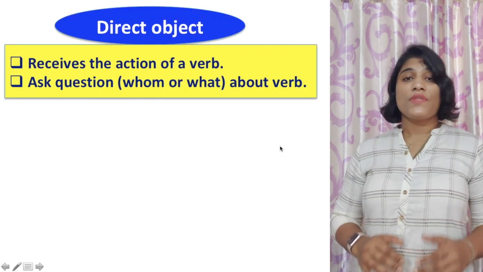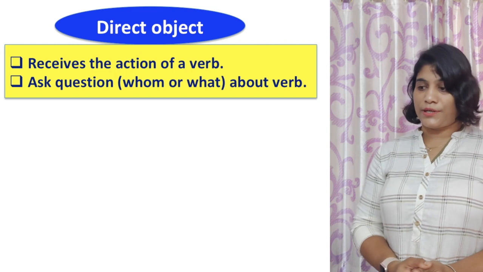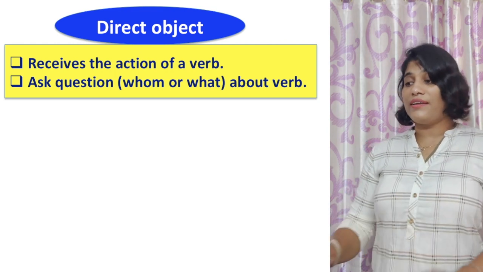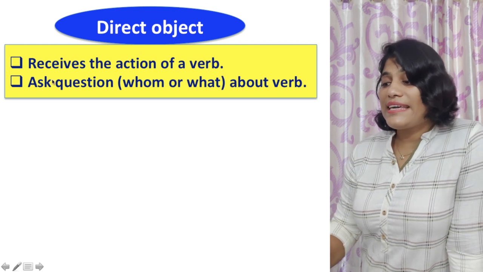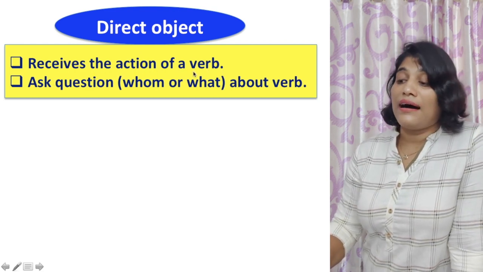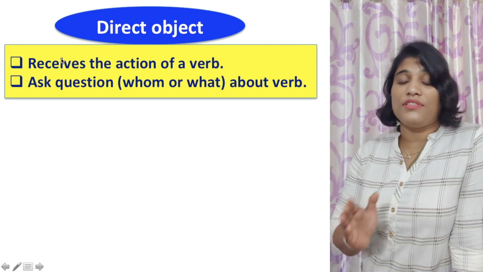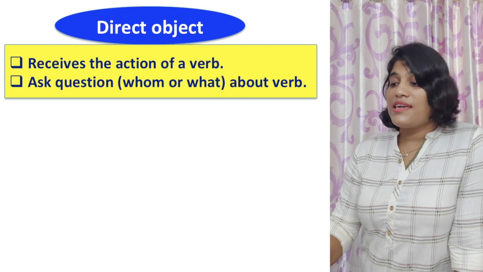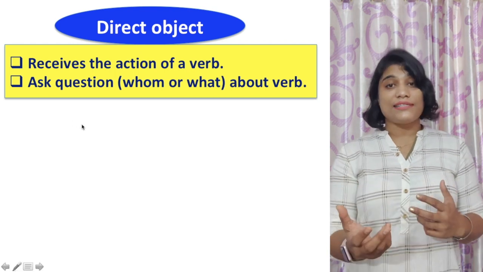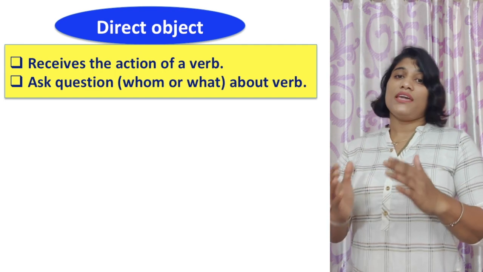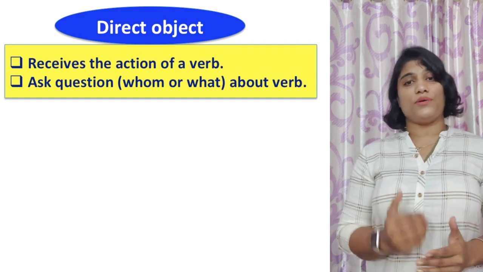Now, so what is a direct object? If you remember the examples, you find the noun or pronoun that receives the action of the verb, and if you ask questions about whom or what about the verb, you may get the direct object.